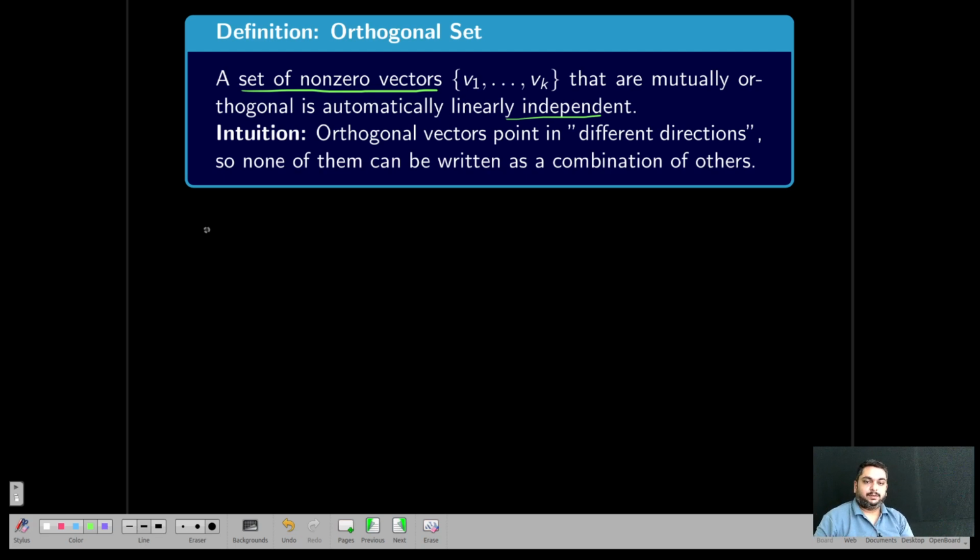There you multiplied c1 v1 plus c2 v2 plus c3 v3 and so on up to ck vk equal to 0, and then you said if the trivial solution, c1 equal to up to ck equal to 0, then all the vectors are linearly independent, right?